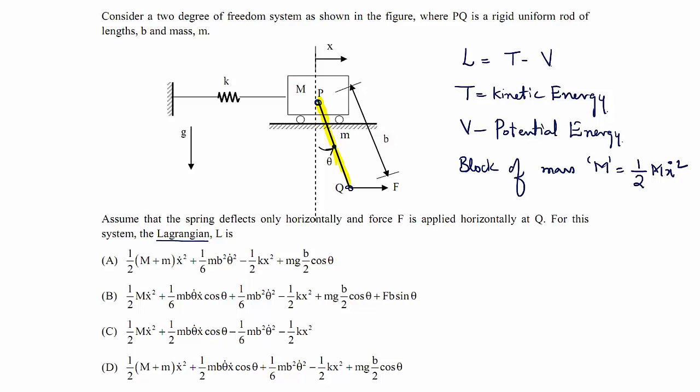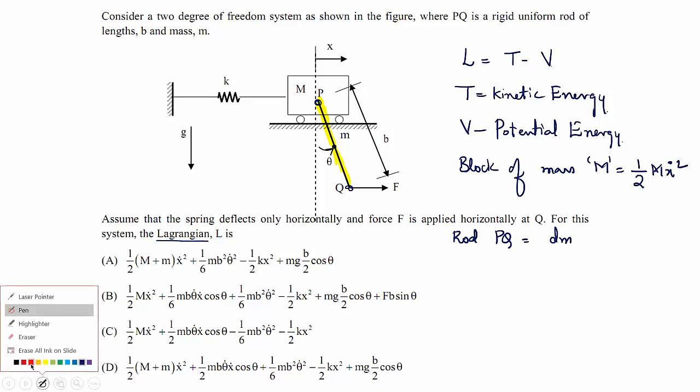Let us consider this rod PQ. It has some differential mass dm at this location, and the length of this differential element is dl.